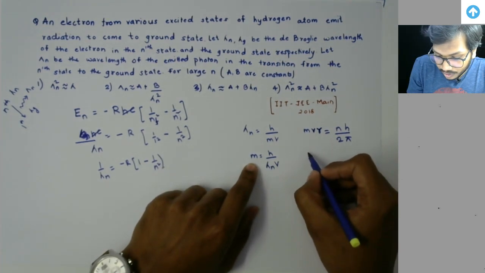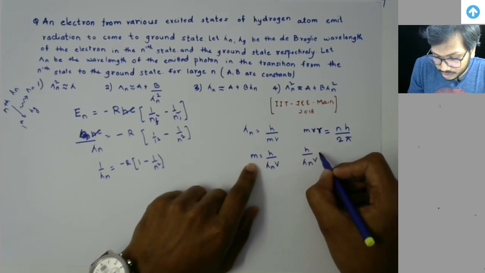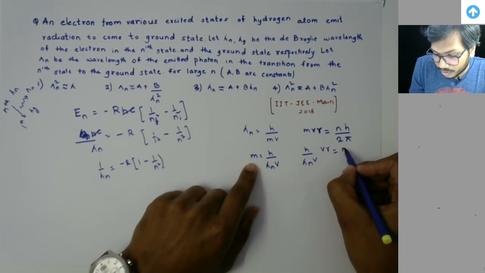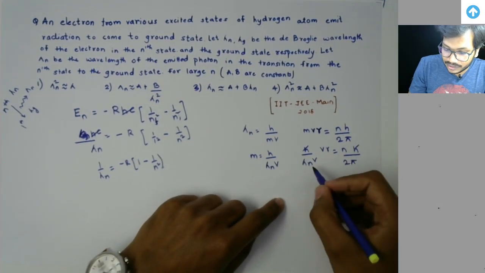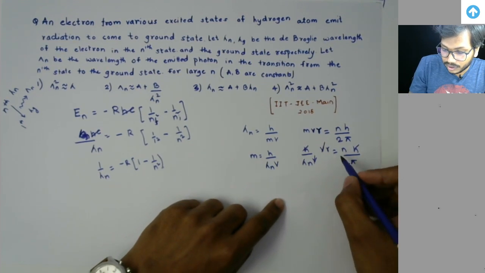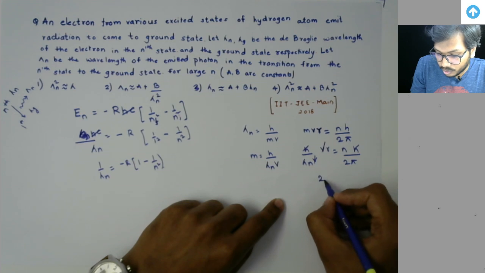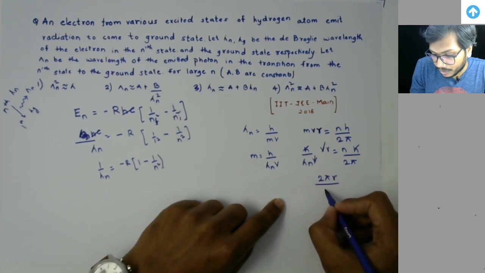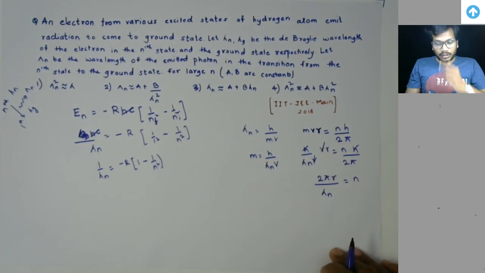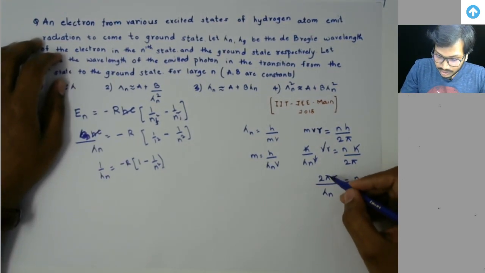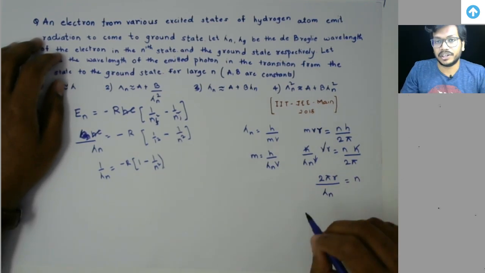So if I substitute, what I get is h by lambda n v into vr is equal to nh by 2 pi. On simplifying, h gets cancelled out, v gets cancelled out, r will go to this side and lambda will go to the other side, so 2 pi will come here. So 2 pi r divided by lambda n is equal to n. Now in this, 2 is constant, pi is constant, lambda n we have to keep, and n and r are variables.